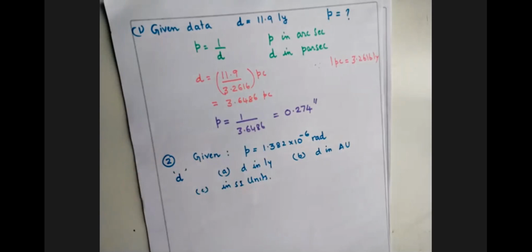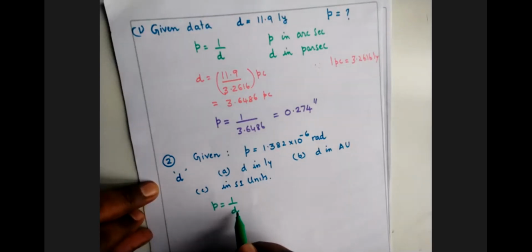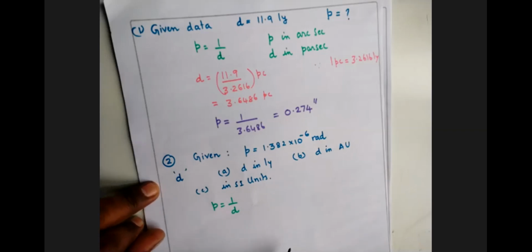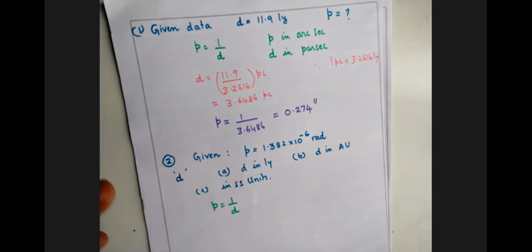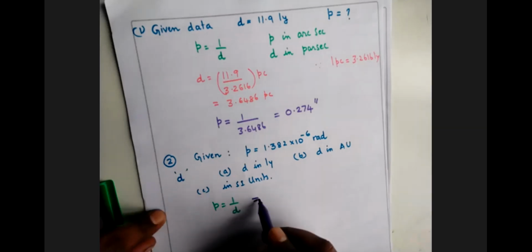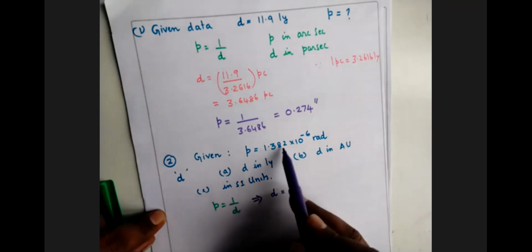So solve this. Already we know the formula from the previous problem. Parallax angle is given by 1 divided by d. Again, recall the condition: if you want to use this formula, P should be in arcsecond and D should be in parsec. So we are finding D, therefore distance D is equal to 1 divided by P. But we cannot use this data directly.